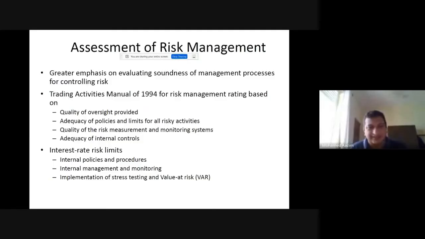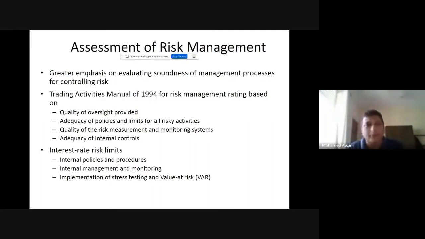So to say, these are stress tests. So similarly, within the organizations, they have this stress test in place to see whether you are exposed to interest rate risk. Okay, so these are risk assessment tools.